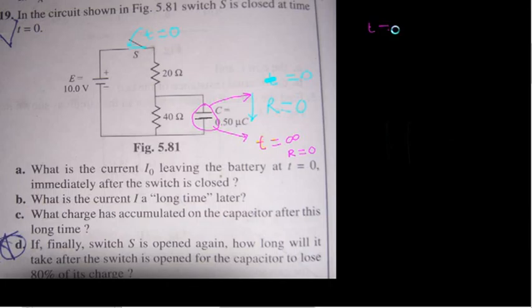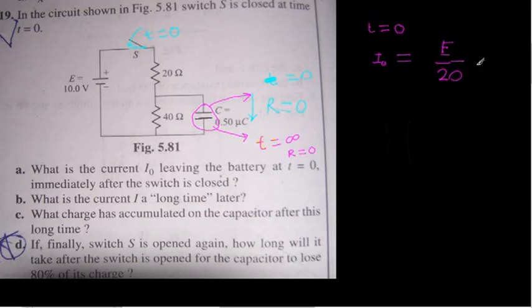So your I naught will be equal to E by R, E by 20.